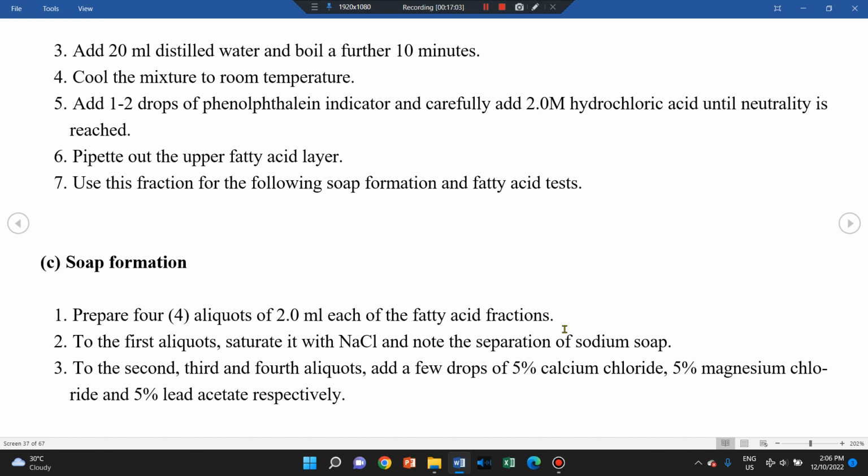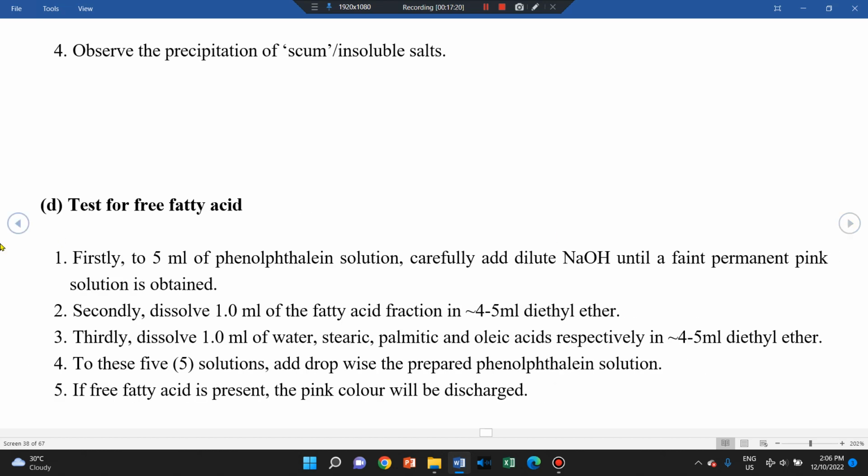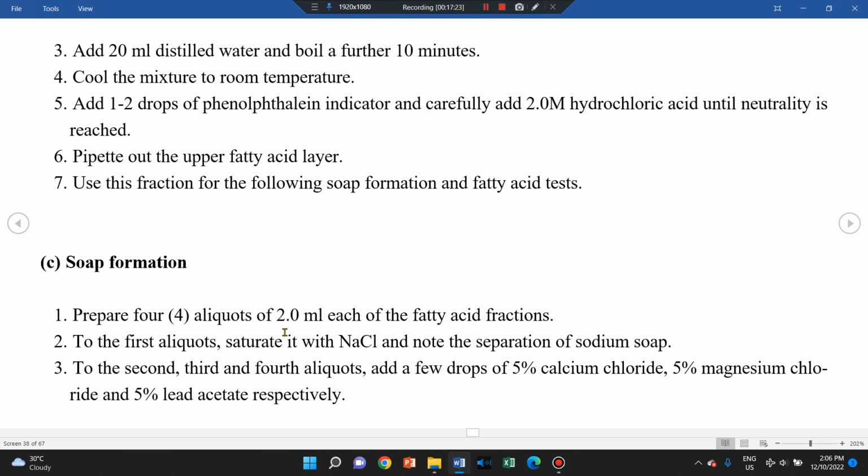Okay. And then you take the upper fatty acid layer, not the bottom one. You can see it will be clearer than the bottom one, as I can recall. And then you can use it for the experiment of soap formation, as well as the test for free fatty acid. The problem that I can remember, based on experience for this experiment, is that not enough of the upper fatty acid layer will be obtained.